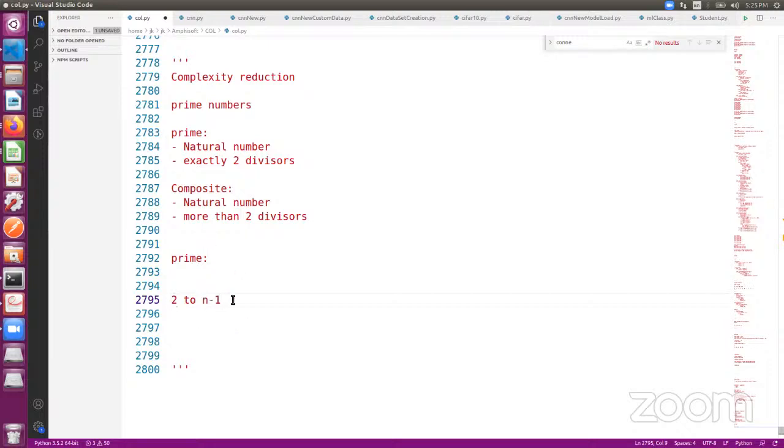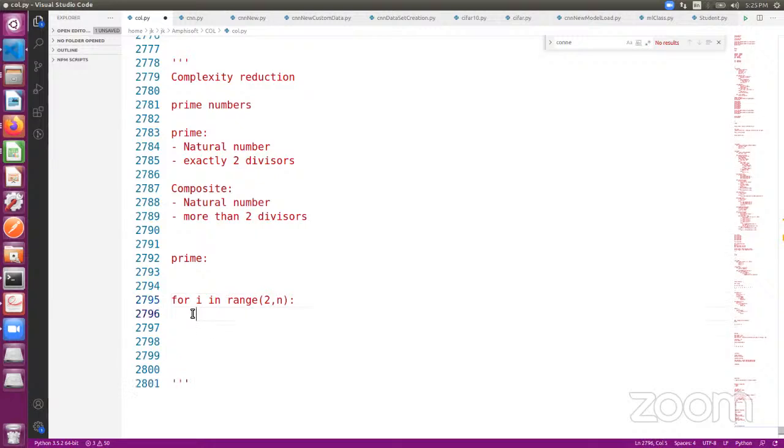Okay, it is the start of the algorithm, and we're going to reduce this algorithm step by step. As of now, let us say we have written an algorithm which will run from 2 to n minus 1. You put a for loop and the range is 2 comma n, because the n value is not inclusive, right?